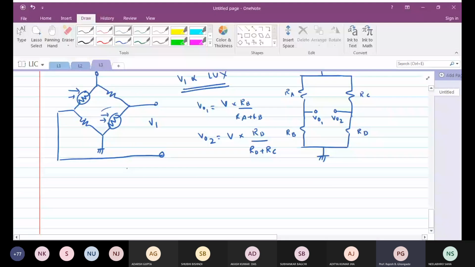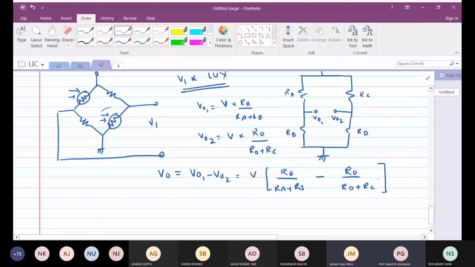VO is VO1 minus VO2, which gives me V into RB divided by RA plus RB minus RD divided by RD plus RC. Are you able to understand this, guys?